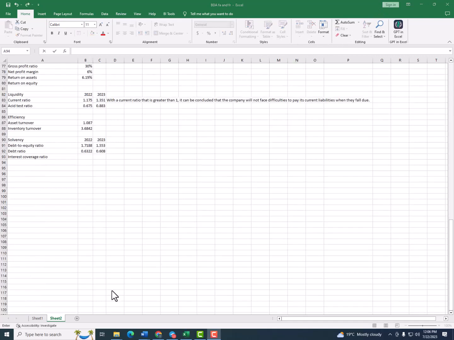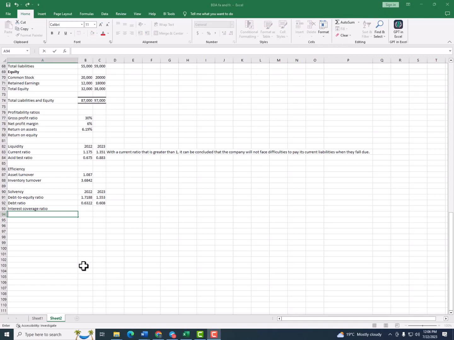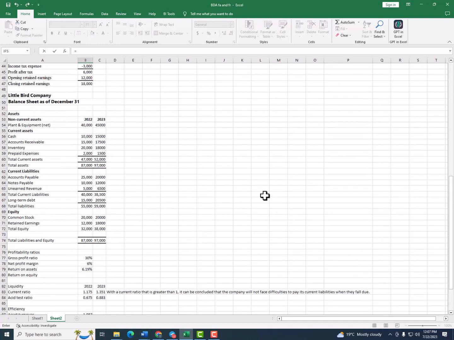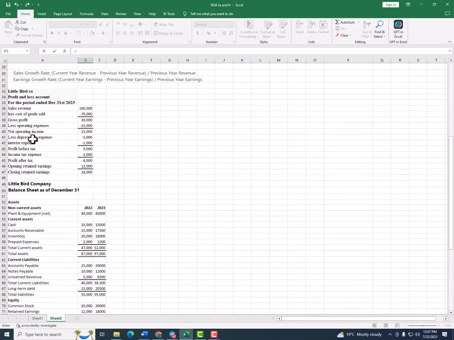So under this, the first step, you are going to have to calculate the earnings before interest and tax, right? And the earnings before interest and tax, we pull up the profit and loss account. We are going to take the net operating income plus the depreciation expense.